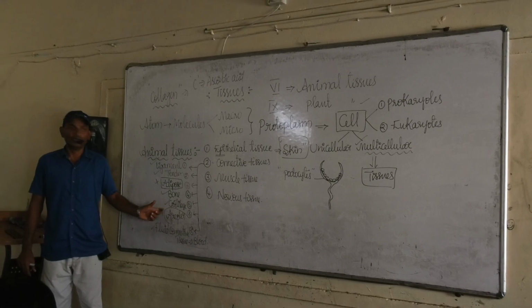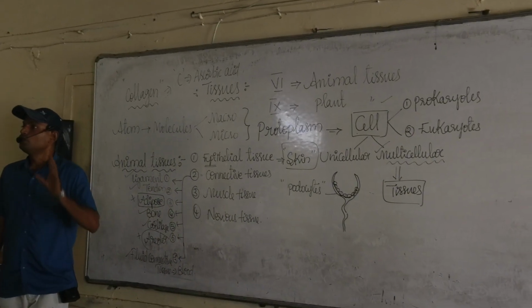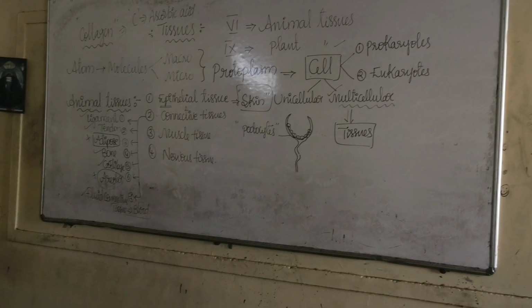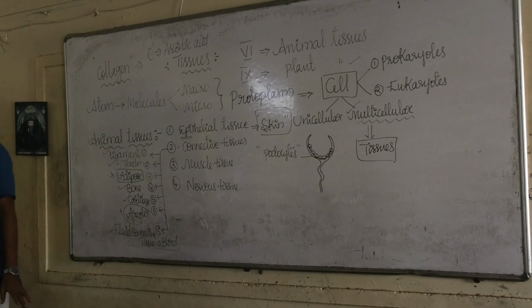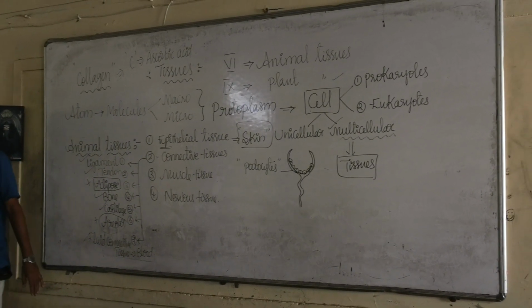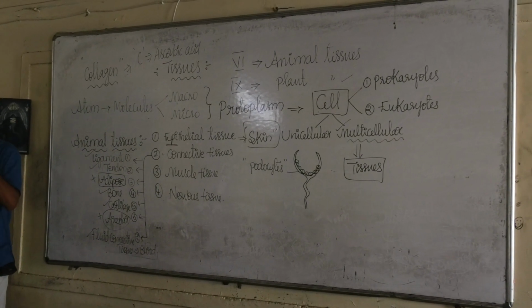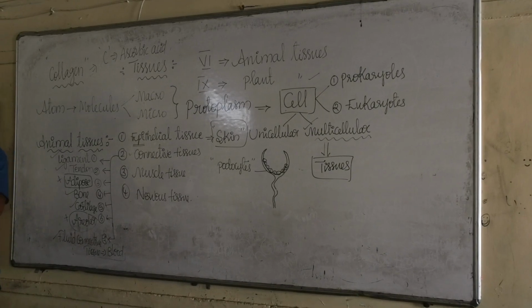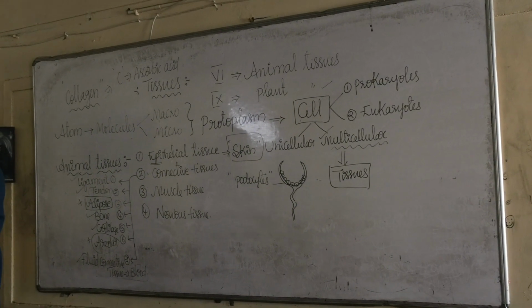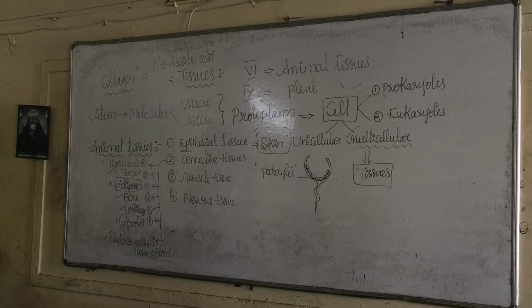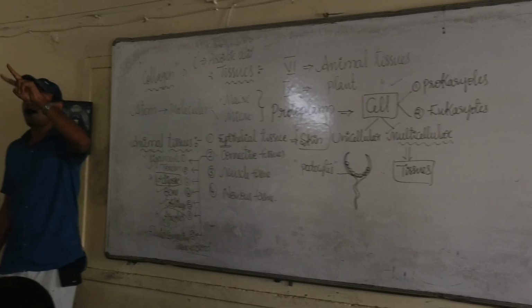Bone is made up of two important minerals, calcium and phosphorus. Calcium is present in the form of calcium carbonate and calcium phosphate. These are the two salts.